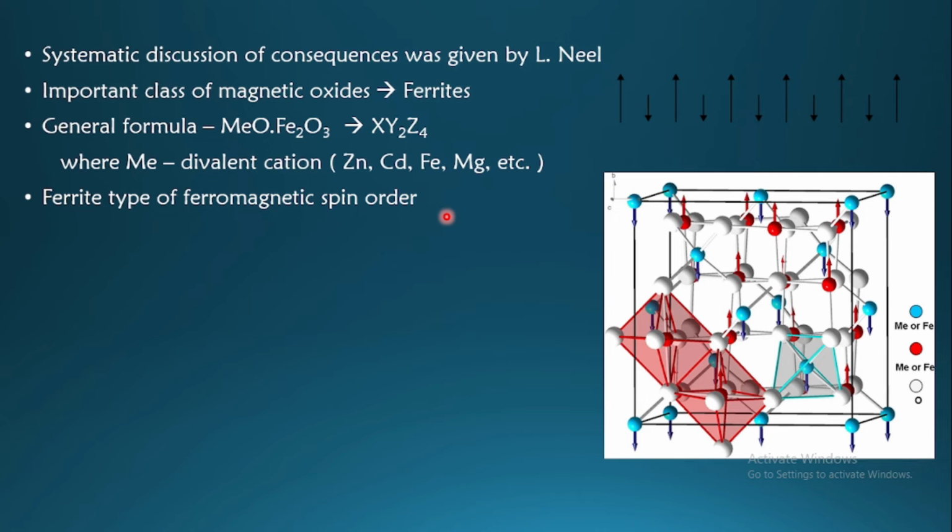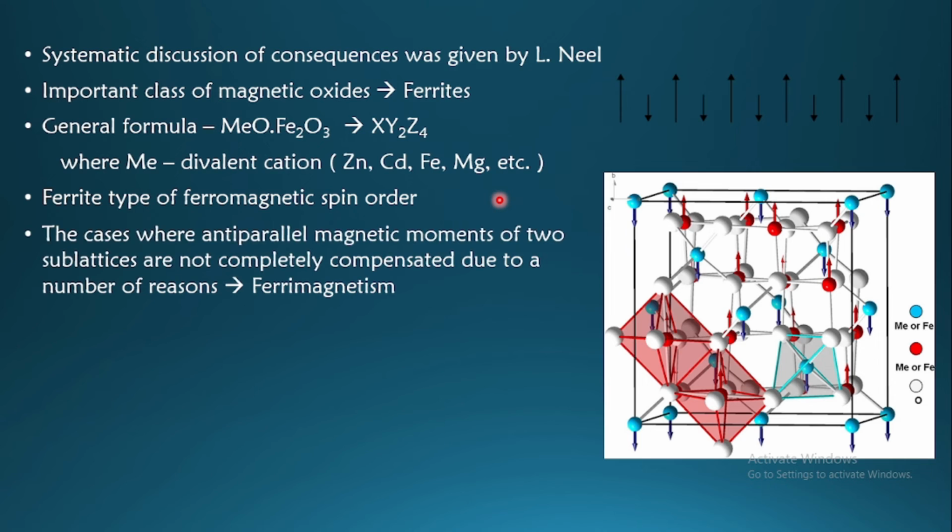When you extend this term, it covers almost any compound in which some ions have moments antiparallel with respect to other ions. When we say antiparallel, we get antiferromagnetism. And generally many ferrites or ferrimagnetic materials are poor conductors of electricity.